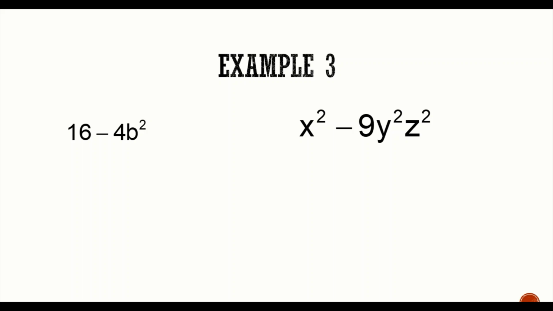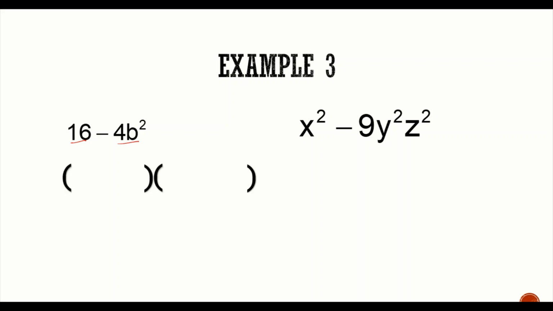Finally, the next one is a bit interesting because you have a number as the first term, and also you have another term where you have a variable and a coefficient. So 4 is a coefficient of b squared. But b squared is a square, 4 is a square because it's 2 squared, and 16 is also a square.